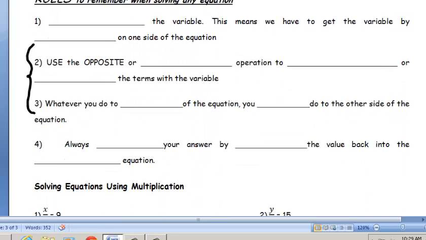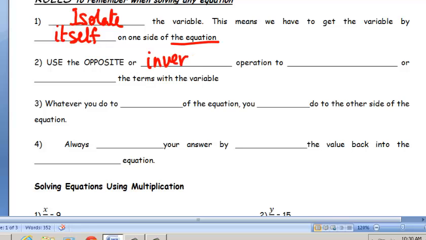Now, if you remember, these are the same rules from the previous lesson. Let's go ahead and refresh our memory. The first rule is to always isolate the variable, or get the variable by itself on one side of the equation. We have to use the opposite or inverse operation to undo or eliminate the terms that are with the variable.